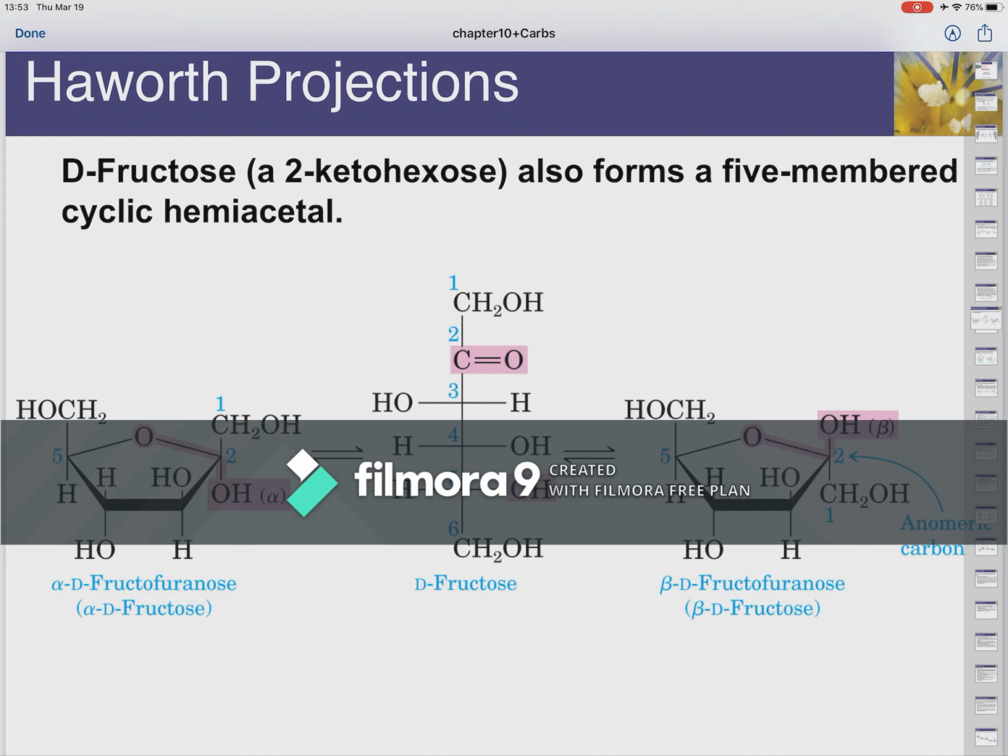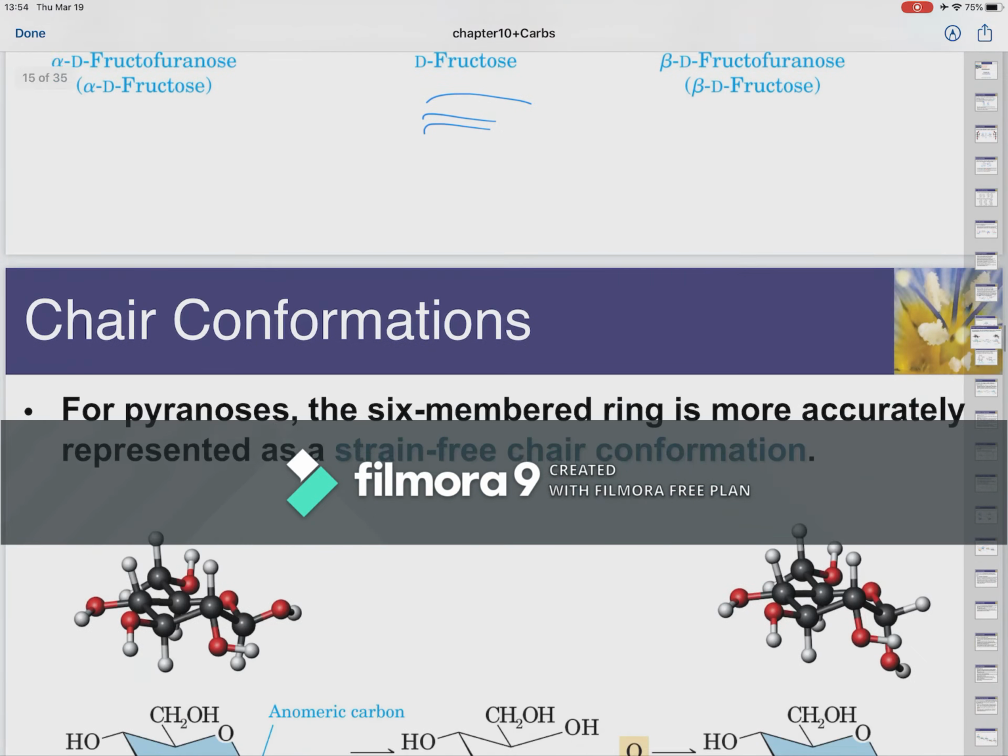So even though this has 6 carbons in it, our carbon 5 is going to form a ring with our carbon 2 because it's going to attack this carbonyl. That's going to give it a 5-membered ring. And so we do end up with some 5-membered rings even though we have 6 carbon sugars. So fructose is the only one that does that. The other 2 sugars we'll look at don't do that.